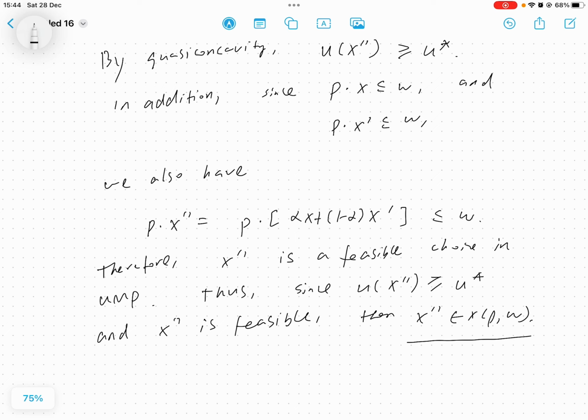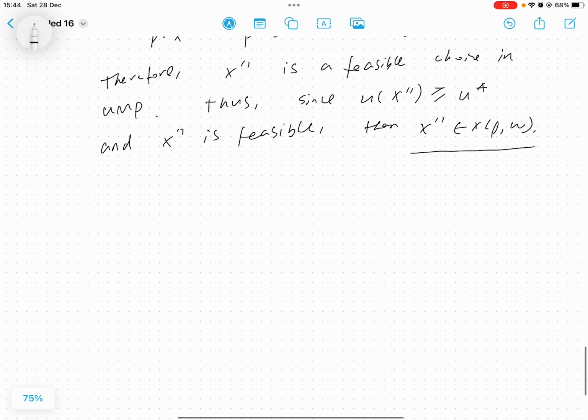All right. So now let's prove the second half of the third property. Suppose this U is now strictly quasi-concave, or this preference relation is strictly convex.